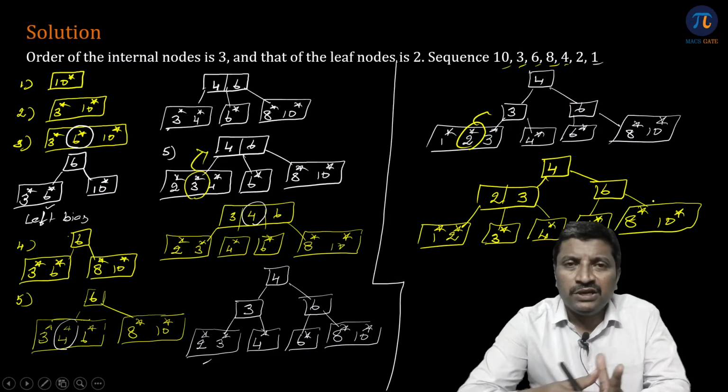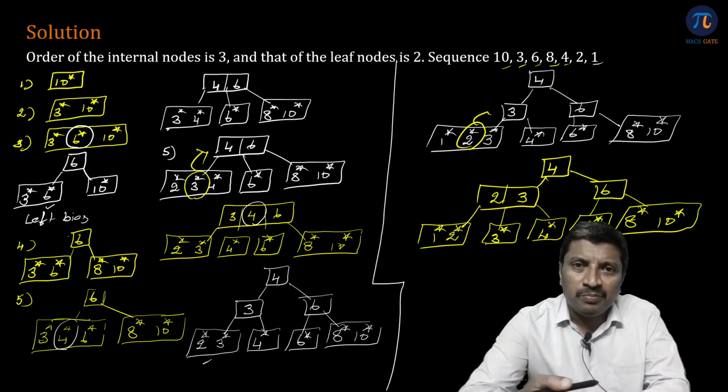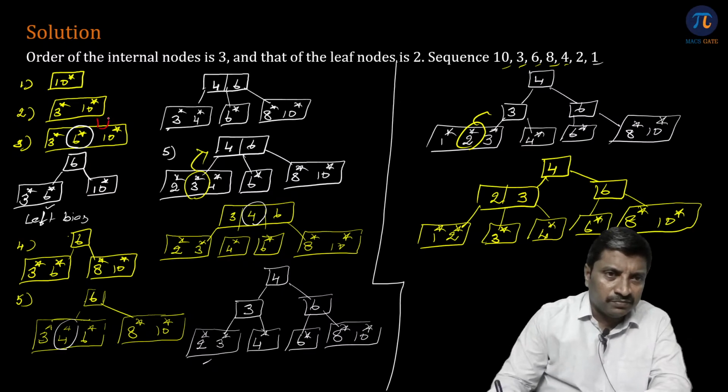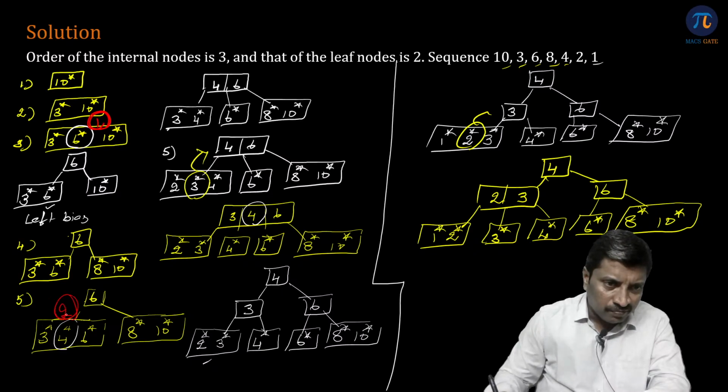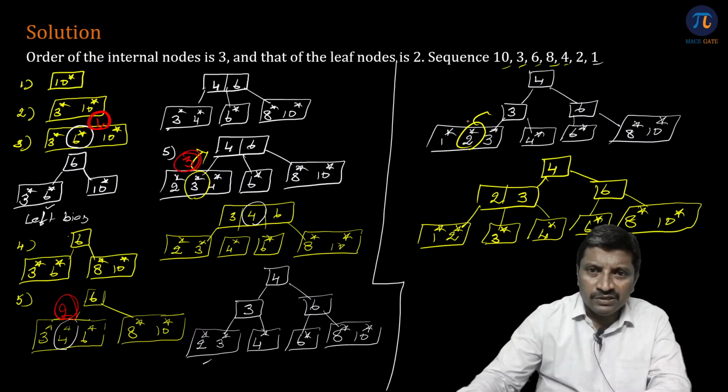Hope you understood it. Now let us count how many times the split has taken place in leaf nodes. So this is the first time it's a leaf node. This is the second time. And this is the third time. This is the fourth time.